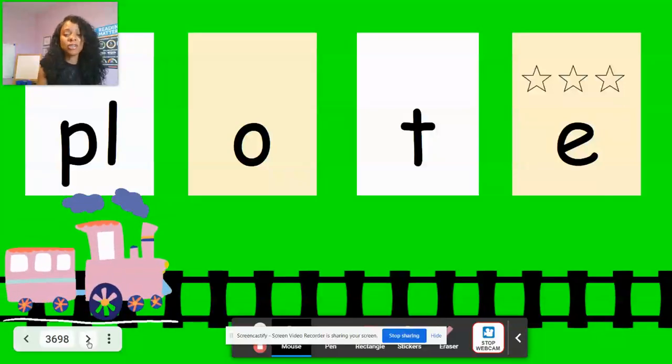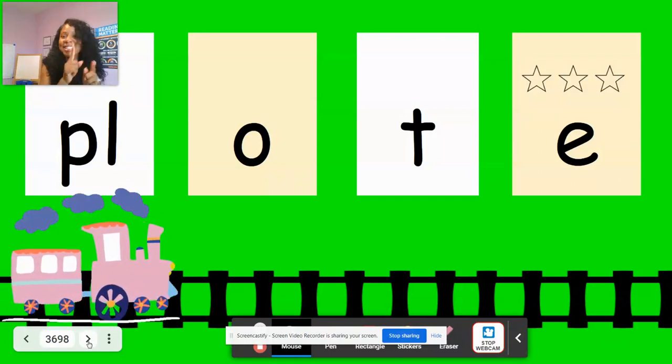So the name of this letter, the name of the vowel that we see is called O. And that's the sound that long O makes. It just says O, like, oh, I know that. So when we get to the E, it is going to be silent. It's not going to say anything. So now we got to remember those sounds. We have a PL, we have a long O, and we have a T, and we have a silent E. So watch how we're going to say this word.